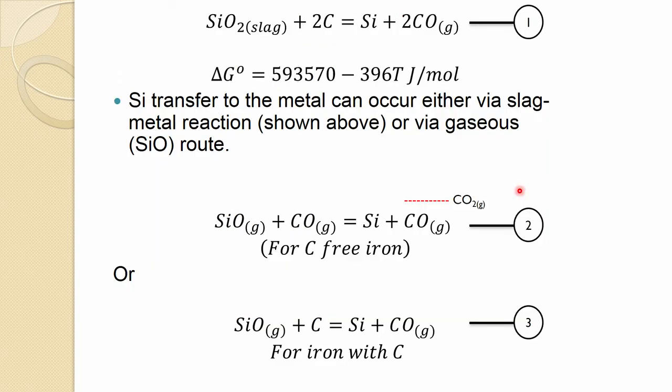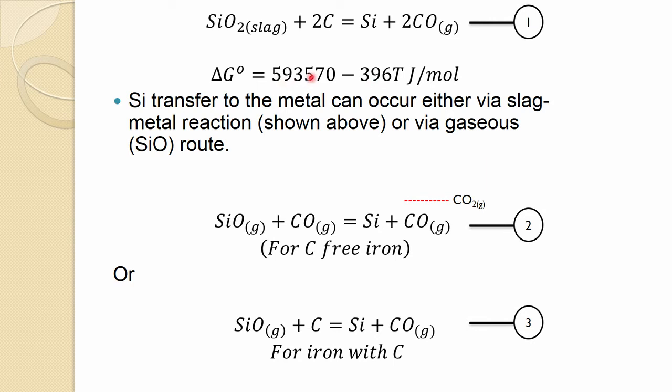Now, the normal reaction in the hearth region is SiO2 in the slag with the carbon, which is dissolved carbon in the metal, that gives you the silicon which is dissolved into iron and 2 CO. So, obviously the reaction is quite endothermic.